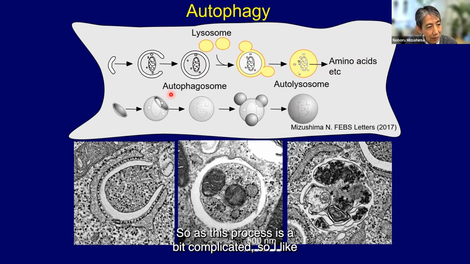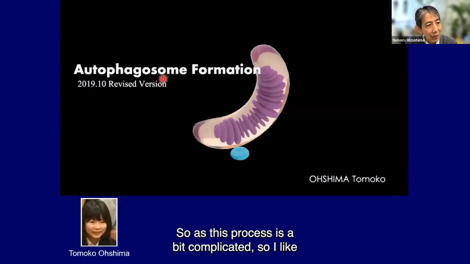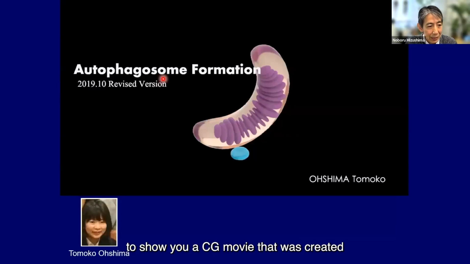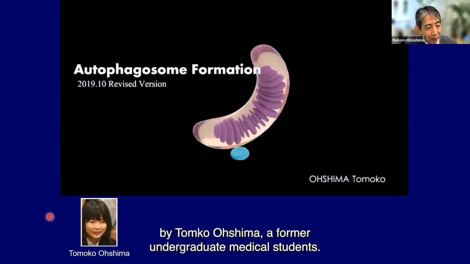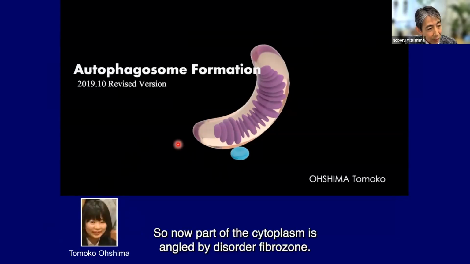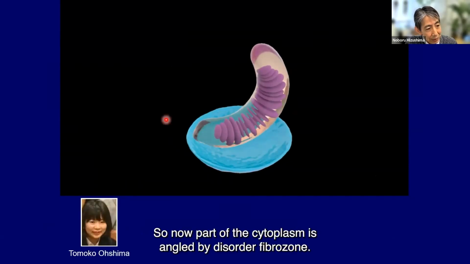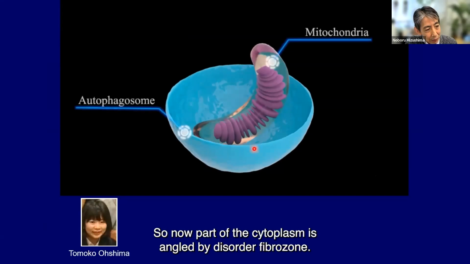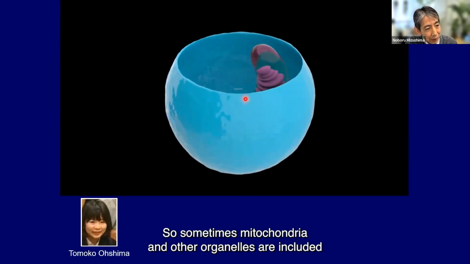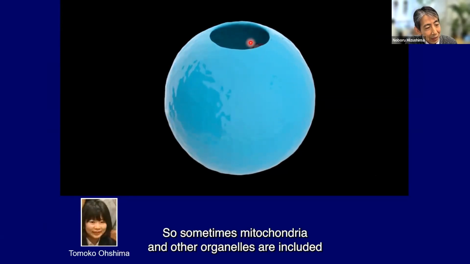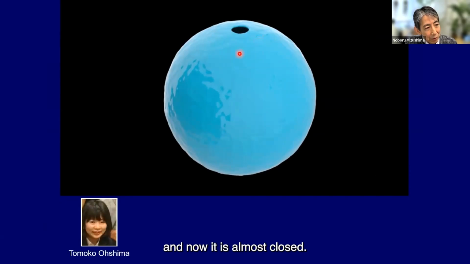As this process is a bit complicated, I'd like to show you a CG movie that was created by Tomoko Oshima, a former undergraduate medical student. So now part of the cytoplasm is engulfed by this autophagosome. Sometimes mitochondria and other organelles are included, and now it is almost closed.